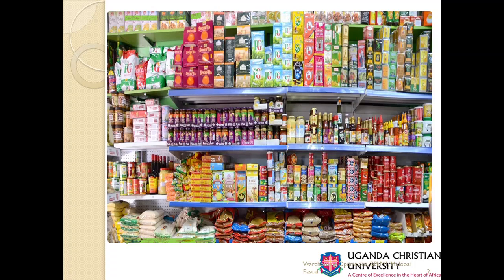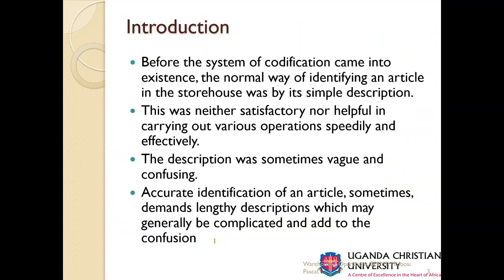You can never find two people with matching fingerprints. And so it has to be in a warehouse, in a store. Each different item needs to have its own code for identification. And that is why we have this activity called codification to help in the process of identifying an item.